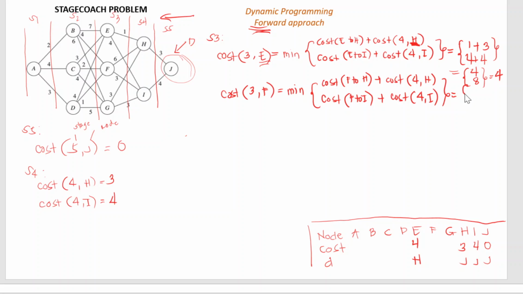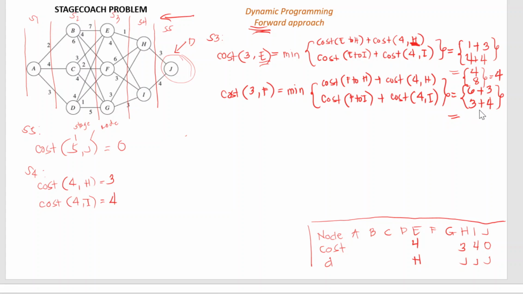So that would be equal to: cost of F to H is 6 plus the cost of H in your table, which is 3. Next, cost of F to I is 3, and cost of 4I is 4.